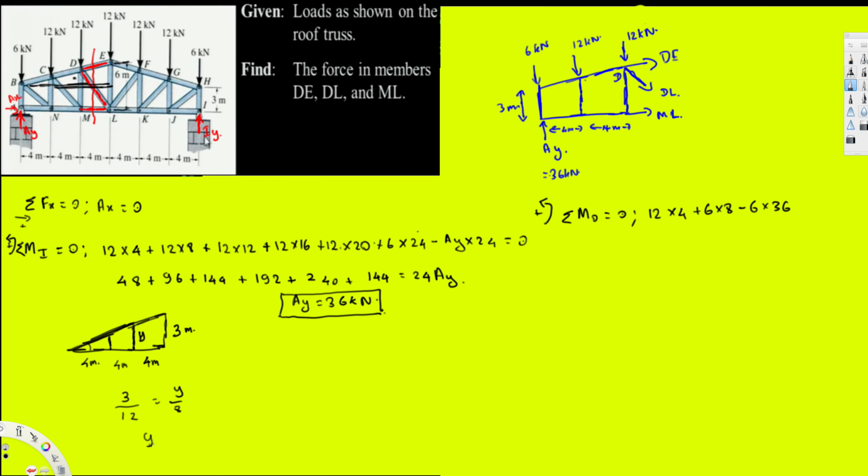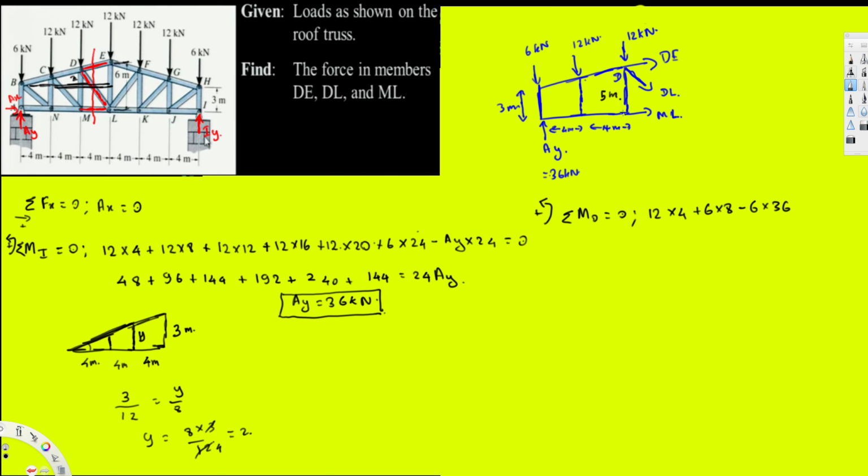Solving for y, I get 8 times 3 over 12, which is 2. Therefore this is 2 meter higher, so 3 plus 2 is 5. The total distance is 5 meter.